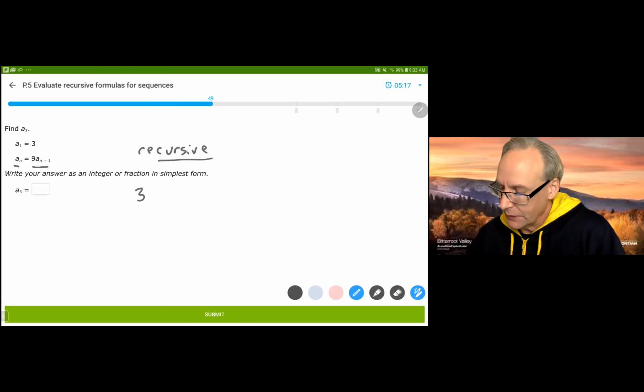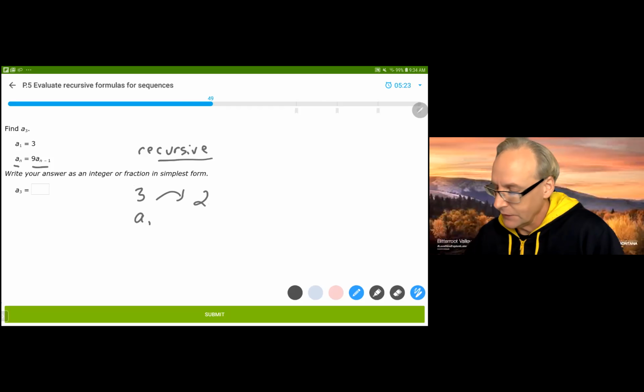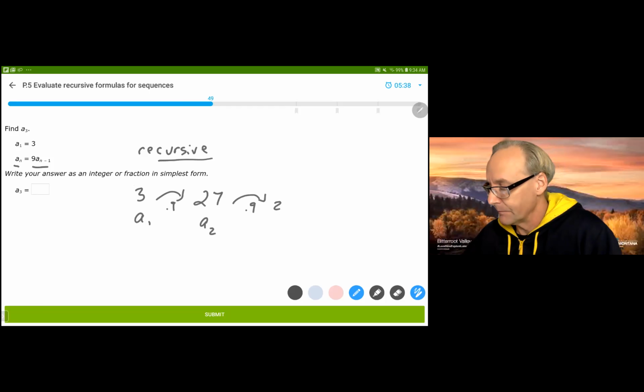We're taking the 3, which is A1, and we're multiplying it by 9 in order to get to the next part, which is 27. We multiplied by 9, and that gives us our A2. To get to A3, we have to multiply by 9 again, which is going to be what? 9 times 27? Looks like 263?